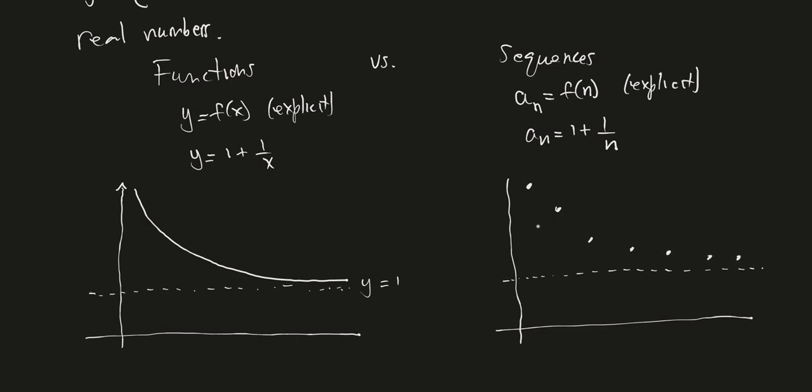These would correspond to the integers, so this would be 1, this would be 2, this would be 3, and 4, and so on.